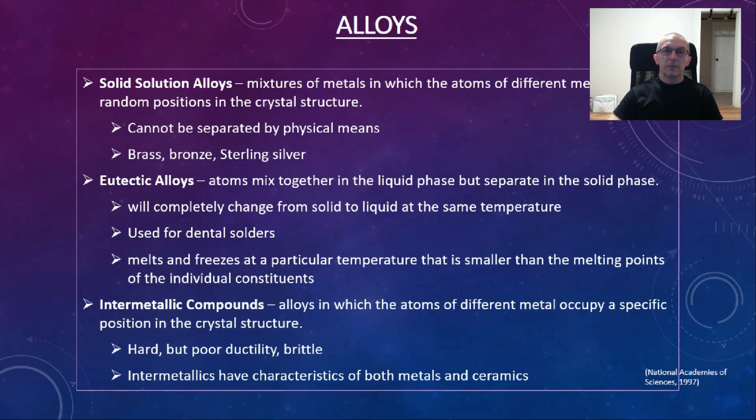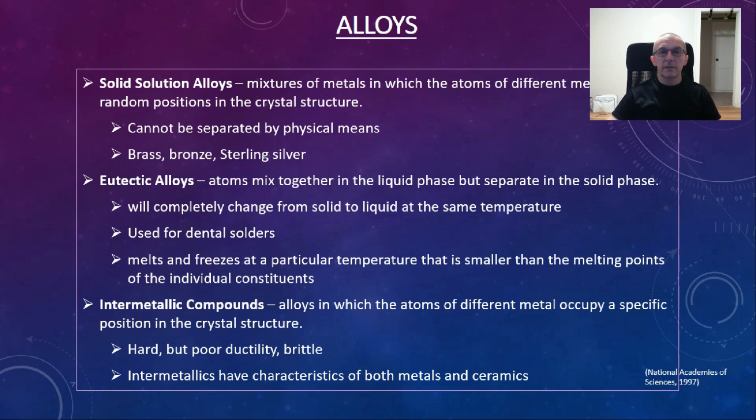Intermetallic compounds. The metal atoms will occupy a specific position in the crystal structure. So the crystal structure of these compounds, they are in a very specific place and they're always the same.